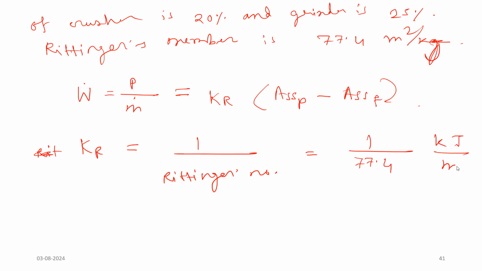If you want to convert into joules, it will be 1000 by 77.4 joule per meter square. It is the Rittinger's constant. Now using the Rittinger's law for the crusher first, right? So the crusher is operating first.